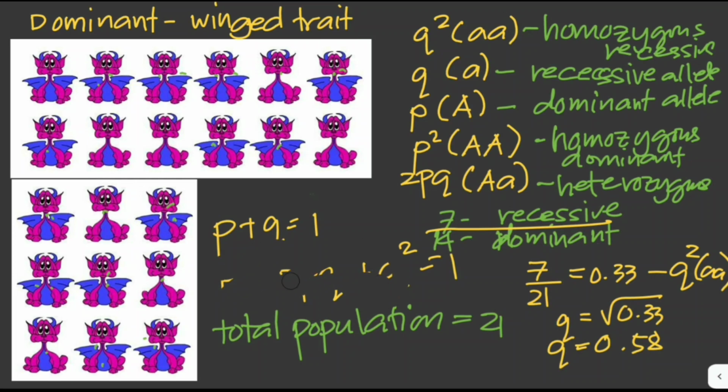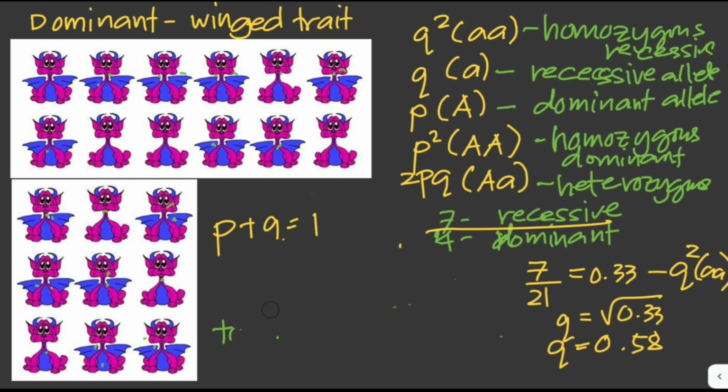Since we already have the value of q, now we can solve for the value of p, which is the frequency of the dominant allele. So p is just equal to 1 minus q. This is 1 minus 0.58.